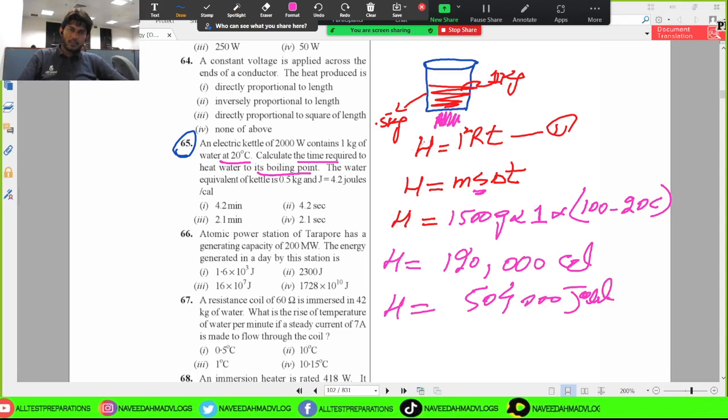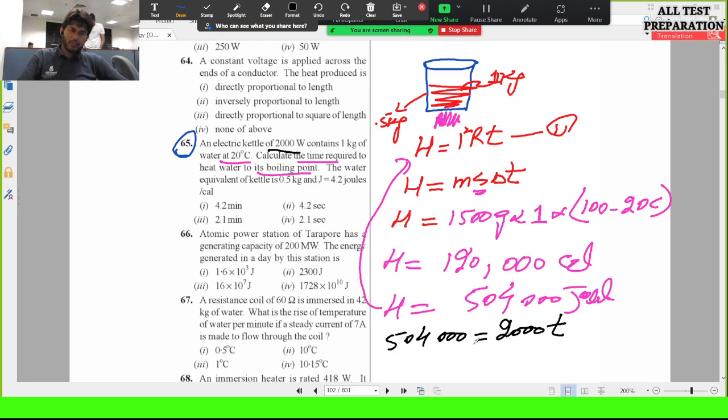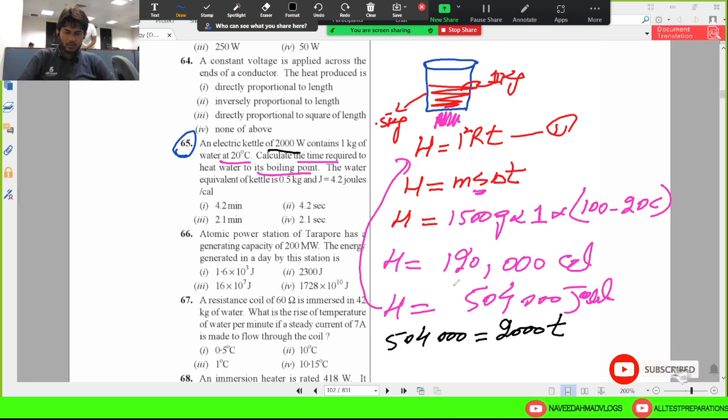So in this case, now you will substitute this value over here, so you will get 504000, that's equal to I square R, that is the power, so 2000 we put here, multiplied by time, that is what we have to find. So time is 504000 divided by 2000, that's equal to 252.